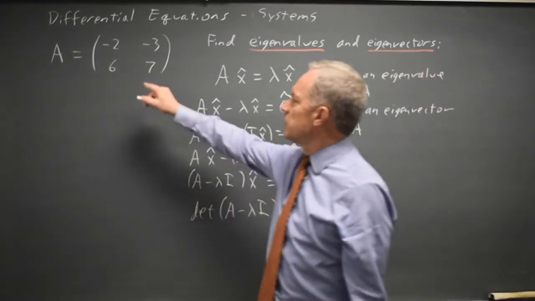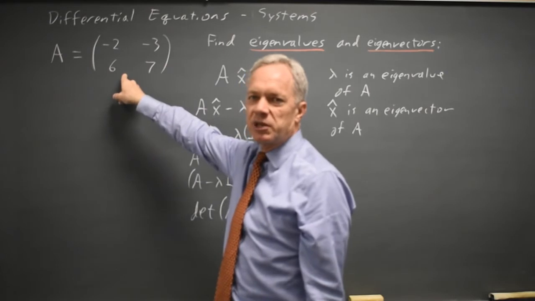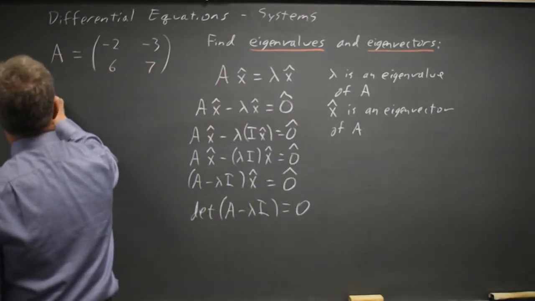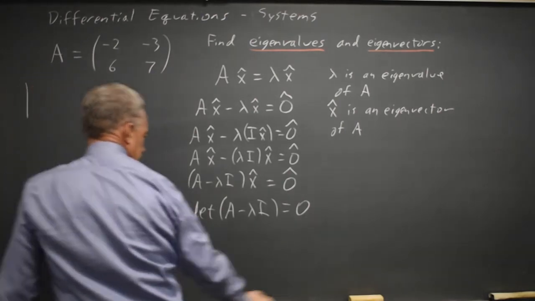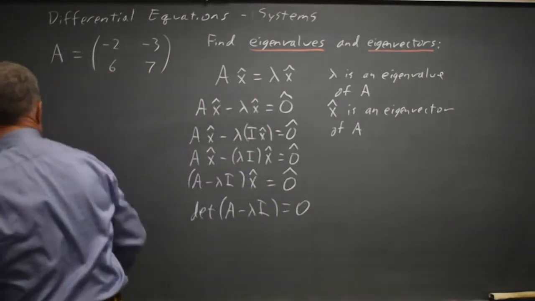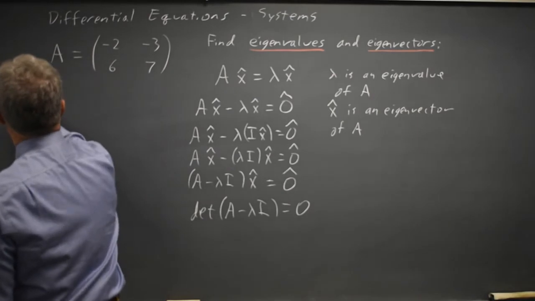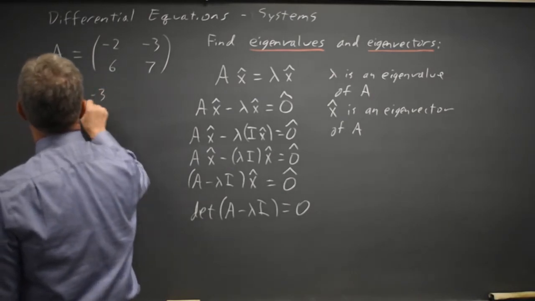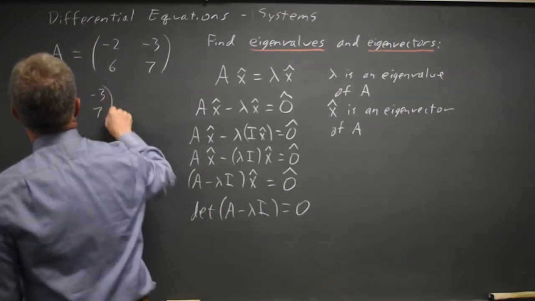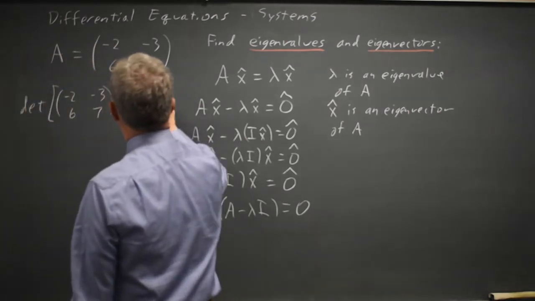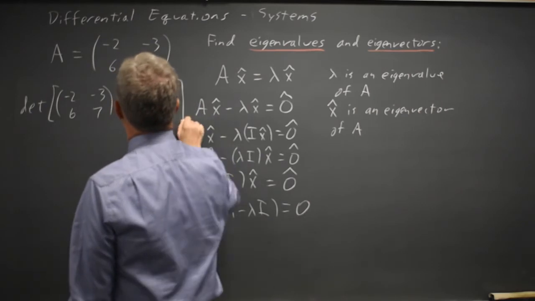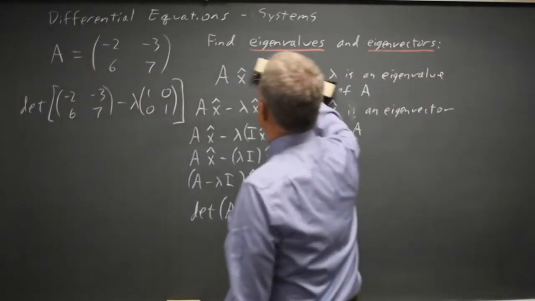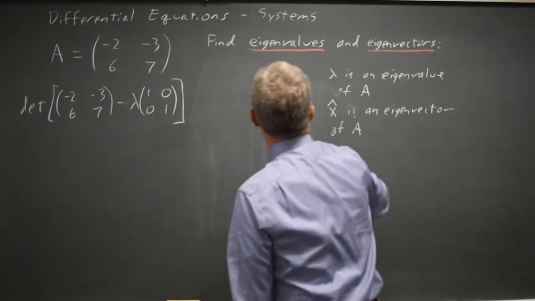So in this example, if I'm looking for eigenvalues of matrix A, I write the determinant of A minus lambda times the identity, and I'm going to set that equal to 0.